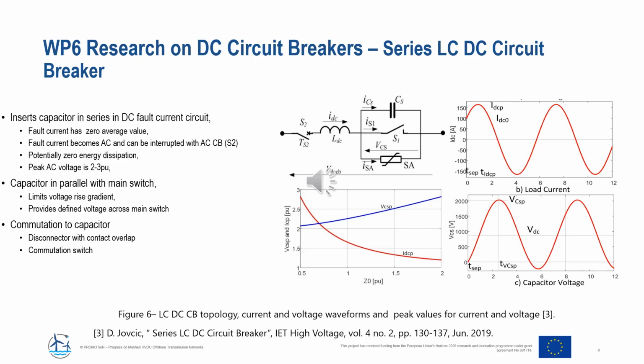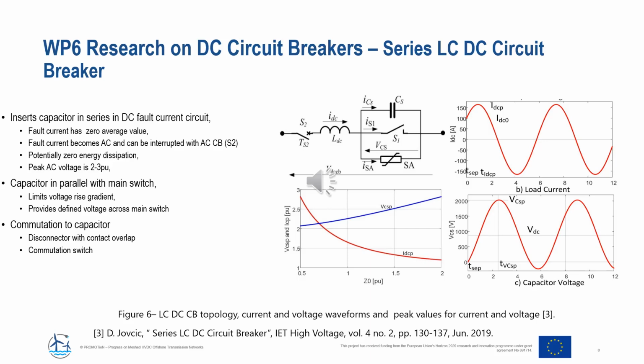The peak AC voltage is expected to be 2 to 3 per unit, which is higher than approximately 1.5 per unit normally seen in hybrid DC circuit breaker. Therefore, we are trading higher voltage for less energy dissipation. We can see that the capacitor is in parallel with the main switch, which is the concept researched in many different circuit breaker topologies.